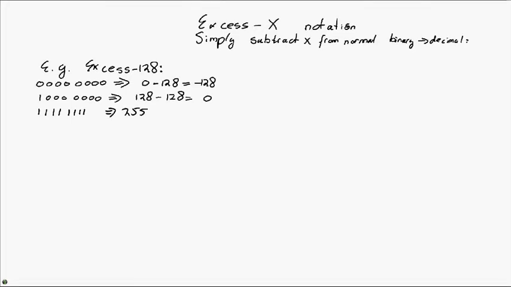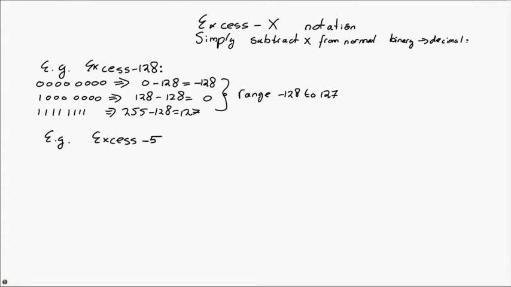And there's no sign bit in excess 128 notation, so only ones would indicate 255 in a very simple binary to decimal conversion, and 255 minus 128 is 127. So the range that excess 128 covers is exactly the same as the range of two's complement, minus 128 to 127 for an 8-bit number.